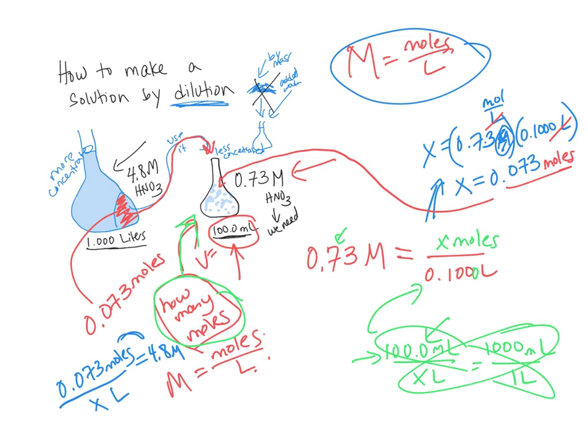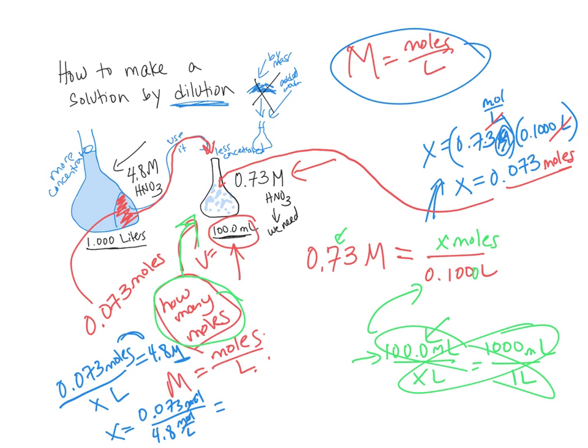So now if I solve for x, I will find that x is equal to 0.073 moles divided by 4.8 big M, which is the same as moles over liters. My moles cancel here, and I have a liter in the denominator of the denominator, which is the same as having it in the numerator.